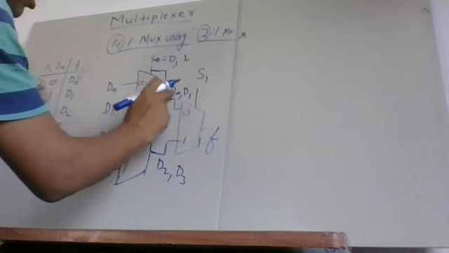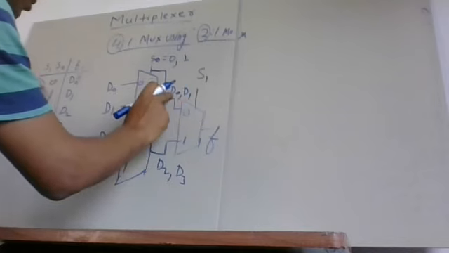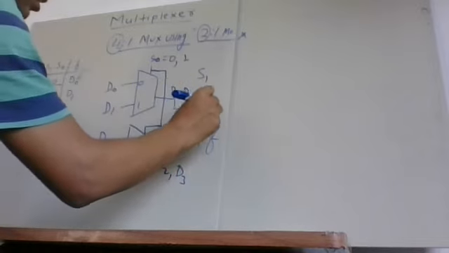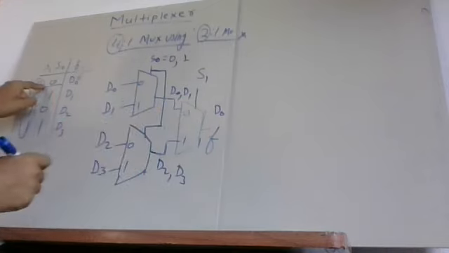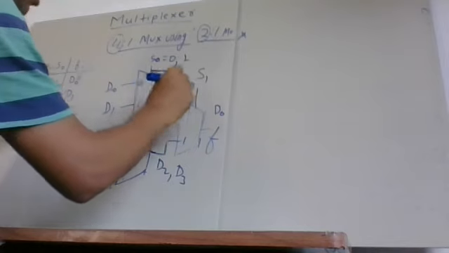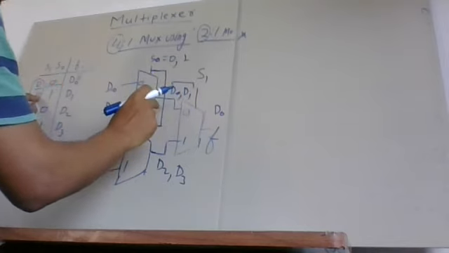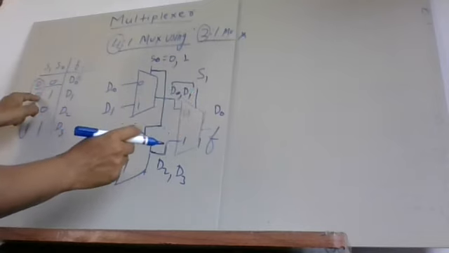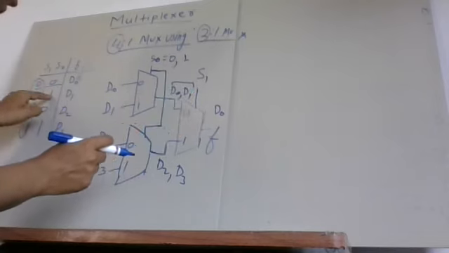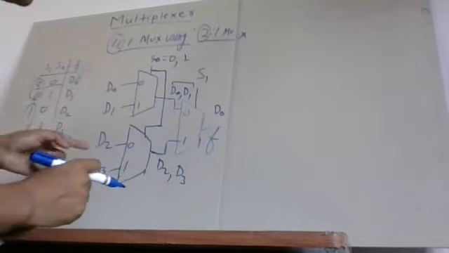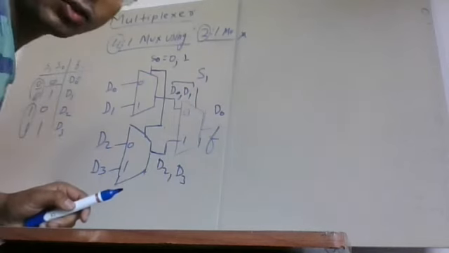And again, when S0 is also 0, out of D0 and D1, only D0 will be selected. So these two select D0. Again, when S1 is 0, we have these two to be selected, either D0 or D1. But when S1 becomes 1, it confirms D1. So this is the working principle. I stop here. Thank you.